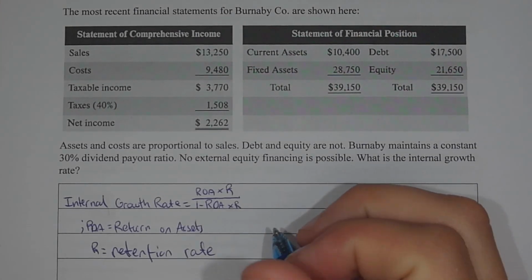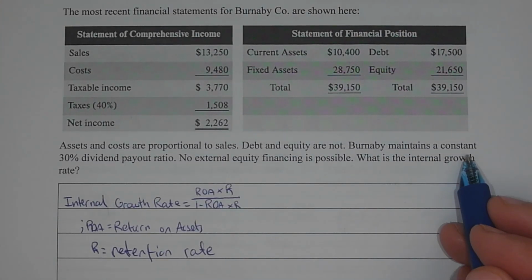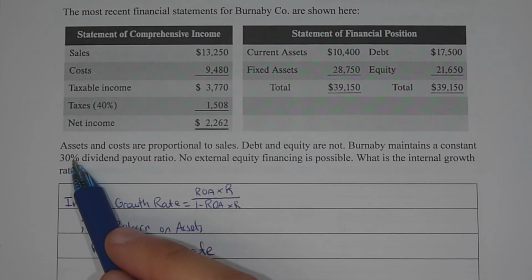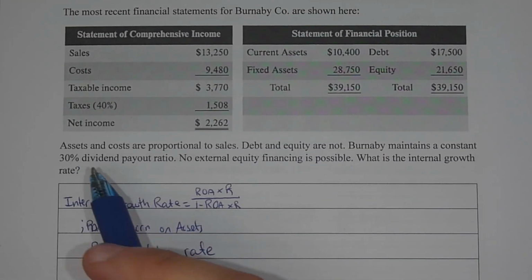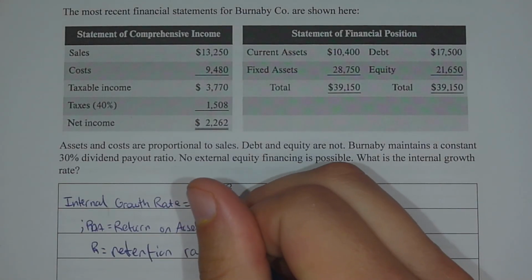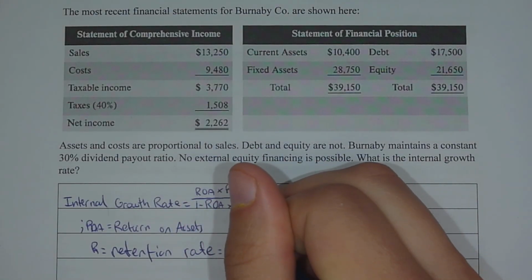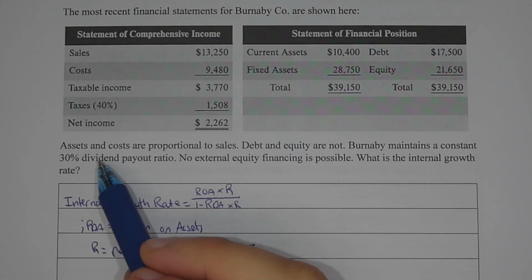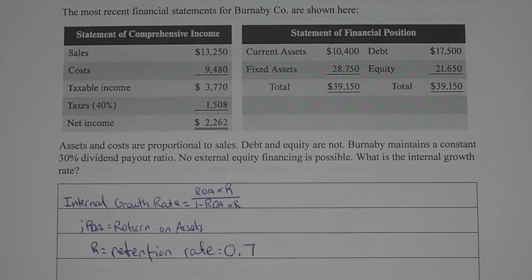So, the easy one. If 30% of all profit is paid out, that means we retain 70%. So whatever we're going to keep in the company is our retention rate.